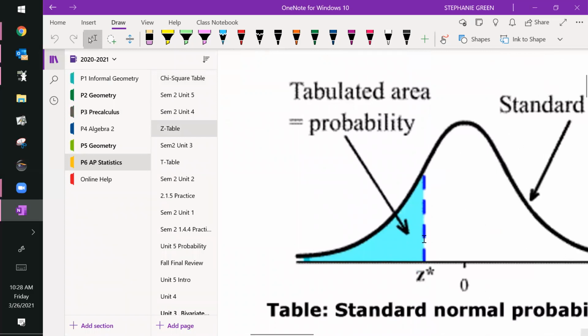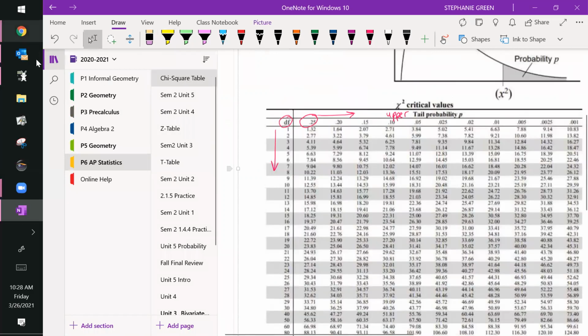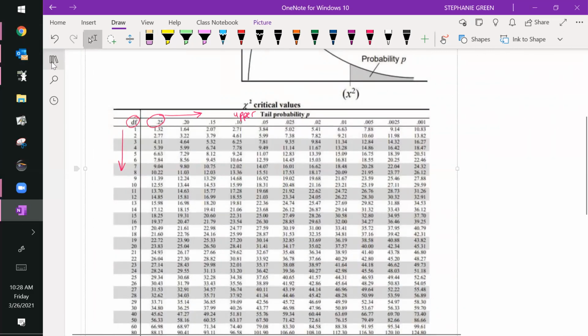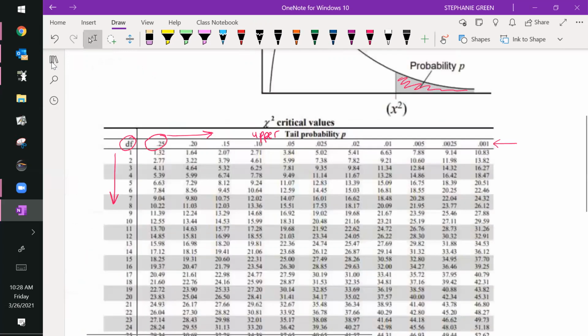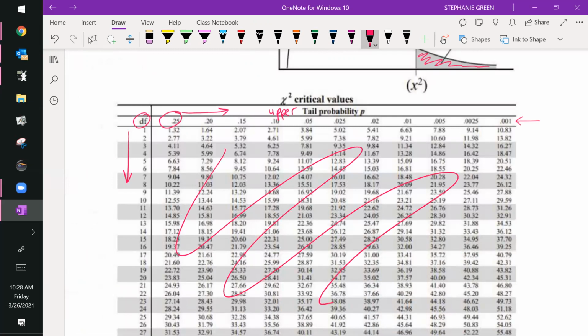And you can see that it's indicated by the part that is shaded in each of these tables. So these decimals up here are the probabilities of getting a value greater than the indicated statistic, also known as the area under the curve above that. Okay, so when I connect the dots here, all of these values inside of this table are the actual chi-square statistics. And as you know, we need those critical statistics to calculate our confidence intervals and such.